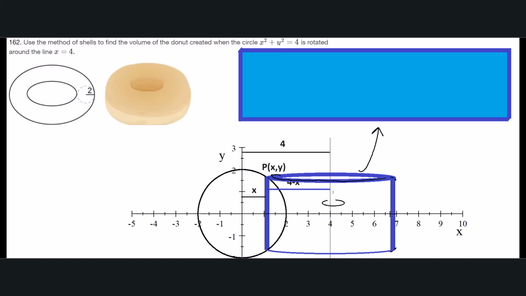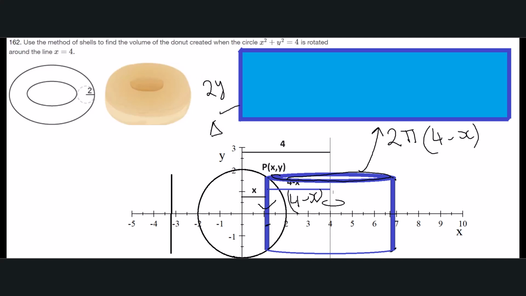The circumference of this circle with radius 4 minus x, so that's 2 pi times 4 minus x, and you can see that this altitude here is y. Below, the length will be the same, so that would be 2y, and we are taking the thickness as delta x.